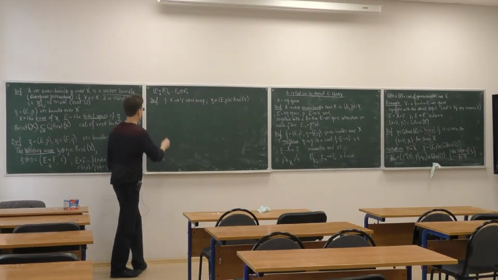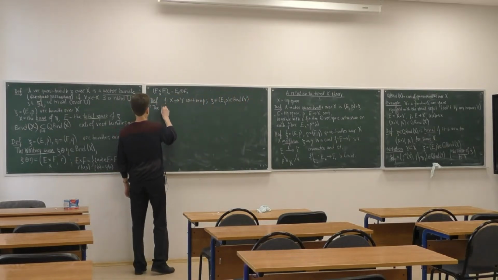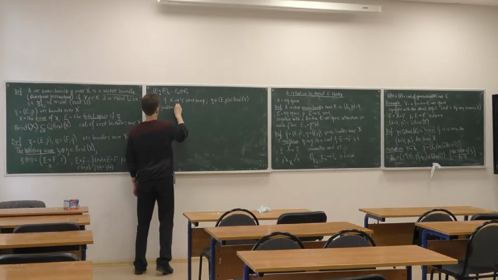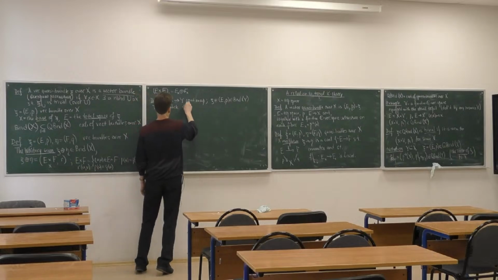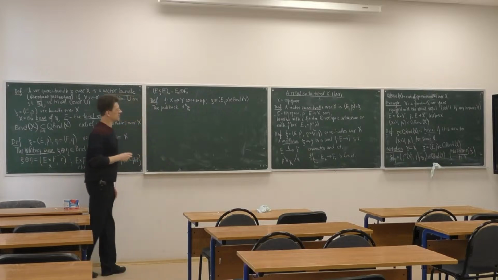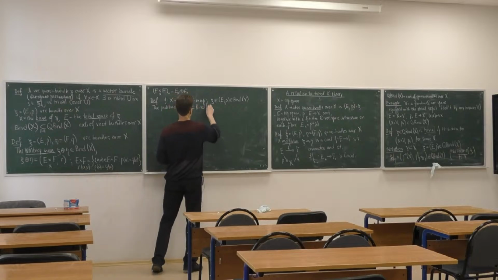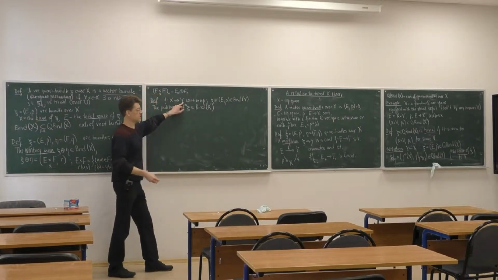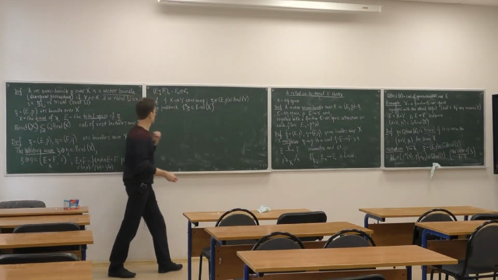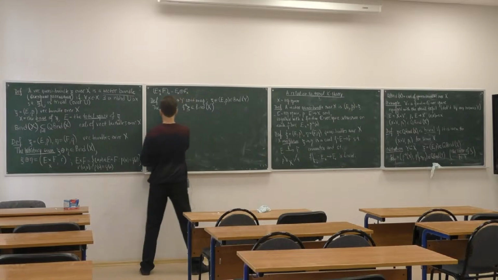Then we define the pullback of xi along f to be a vector bundle over X. So xi was over Y, and the pullback will be over X, as follows.